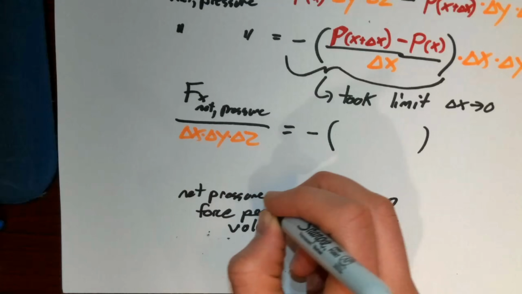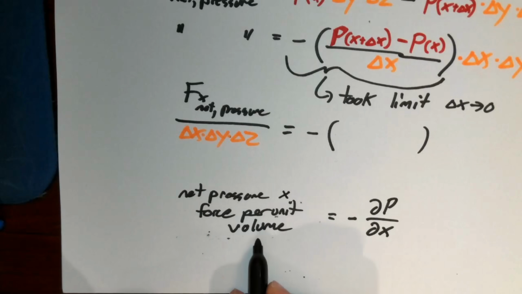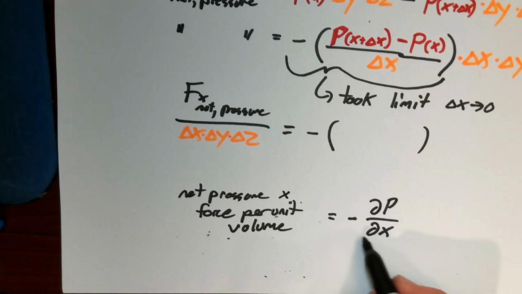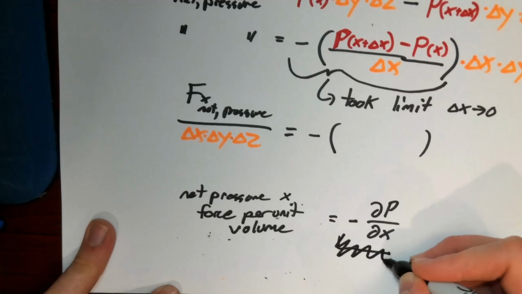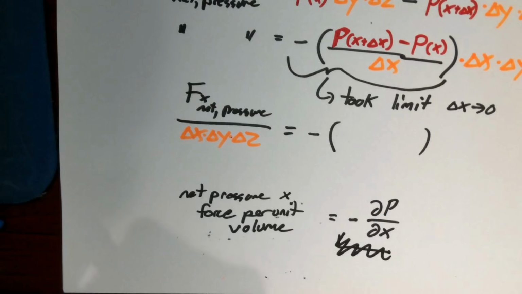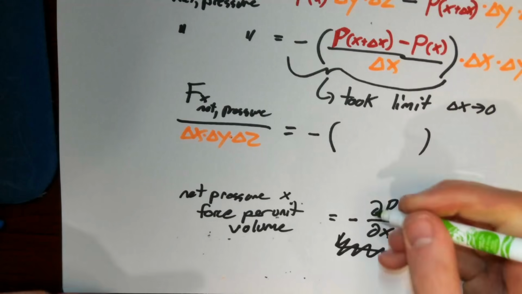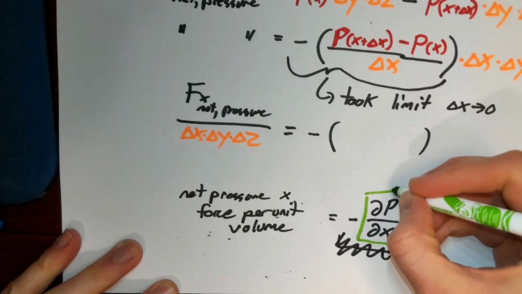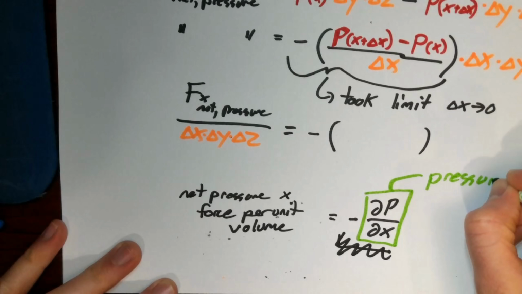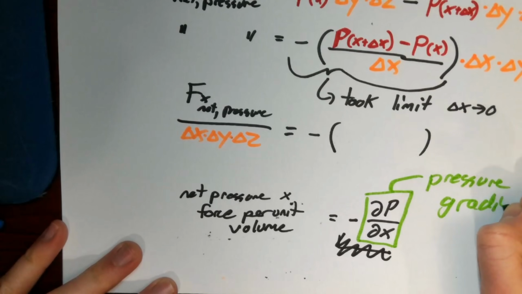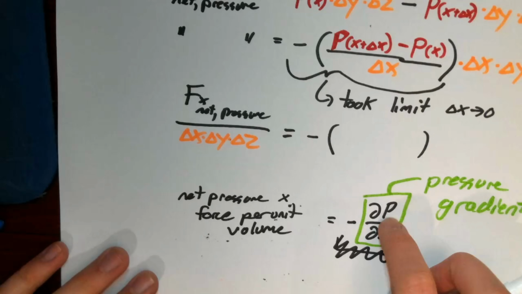So the net pressure x force per unit volume is this right here. And just this part of it, this partial derivative of pressure with respect to x, is what we call the pressure gradient. So how did we get at this pressure gradient?